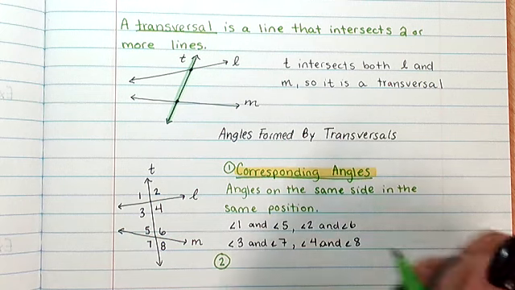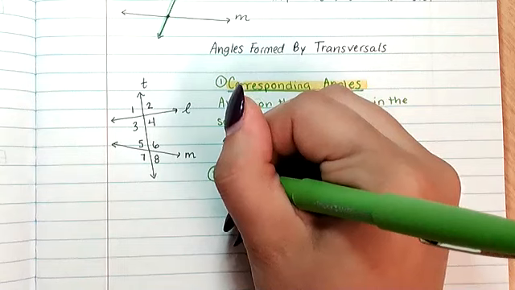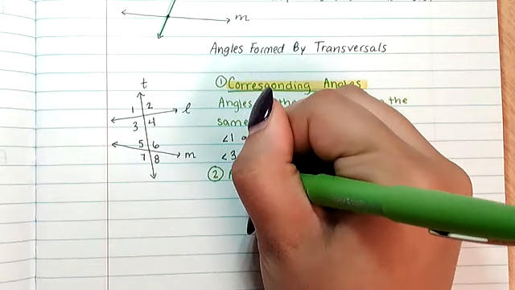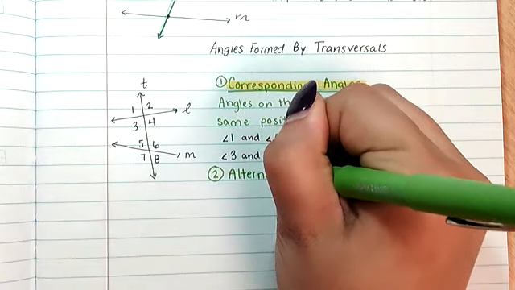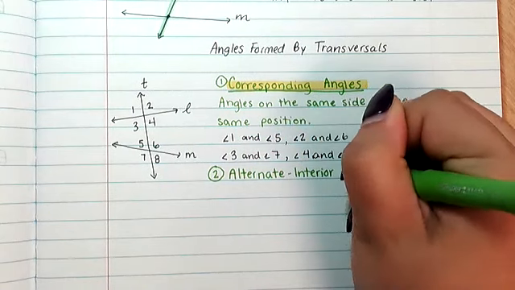So then we have alternate interior angles.